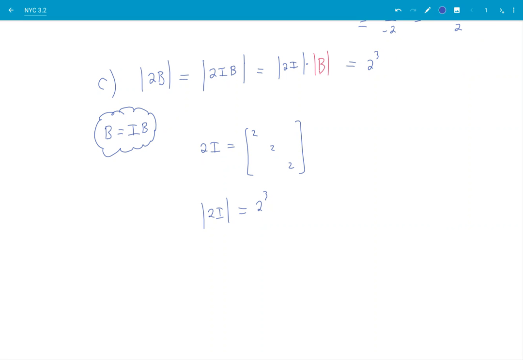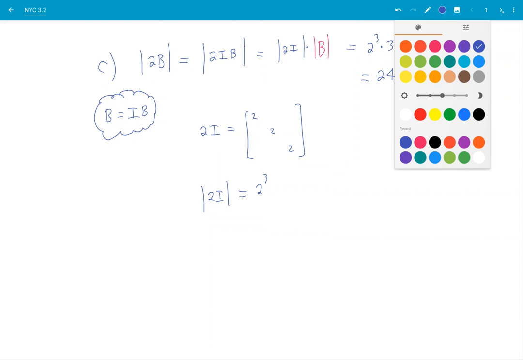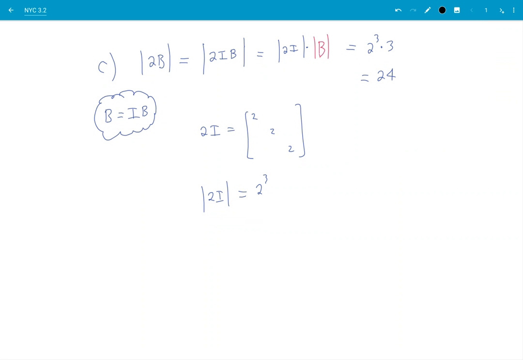Now, what was the determinant of B? I have forgotten looking. 3. Come on. 3. And then I get plus 24. So this gives us a formula, this idea.